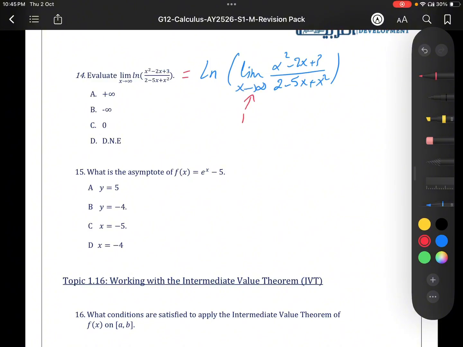This reminds me of the horizontal asymptote. According to the rules, degree up is 2 and the degree down is also 2. So the value of this limit is divide the coefficient by the coefficient. So it can be reduced into ln of 1 divided by 1, which is 1. Ln of 1 is 0.